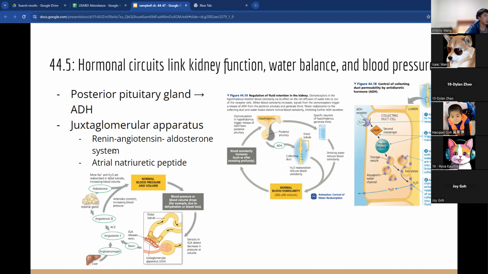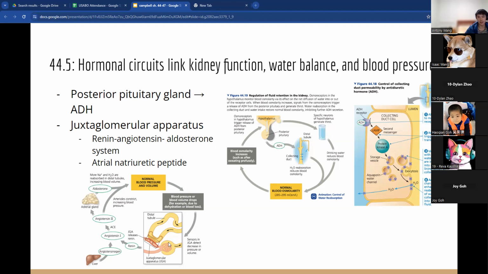And then let's talk about the juxtaglomerular apparatus. ANP also relates to kidneys, and we'll talk about that later. When it detects that there's not enough flow in the kidneys, it will secrete something called renin, which gets changed to angiotensin.